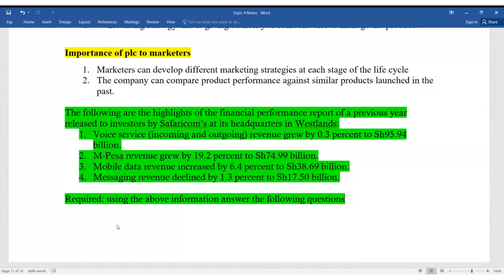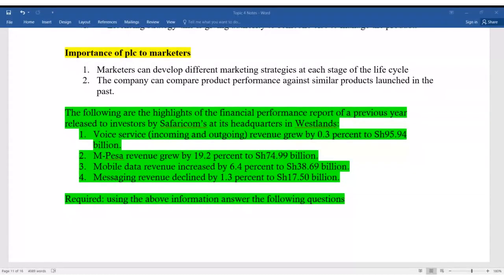Why do you think Safaricom's M-Pesa grew at this particular rate? Because there's a product that was brought on board, Fuliza. Remember Fuliza? Fuliza allowed so many customers to be able to use Safaricom M-Pesa services.